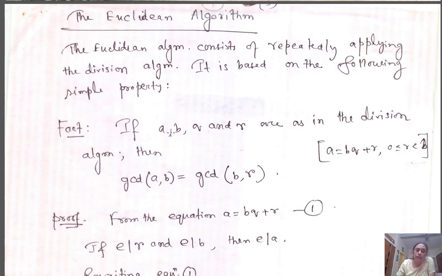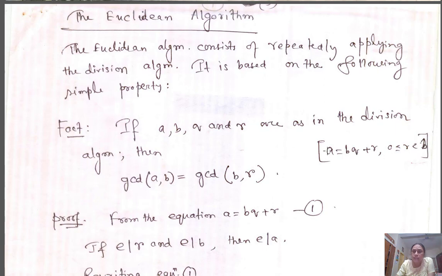That means when you divide A by B, you get unique integers Q and R such that A equals BQ plus R, where R lies between 0 and B, including 0. This is the division algorithm when you divide A by B.